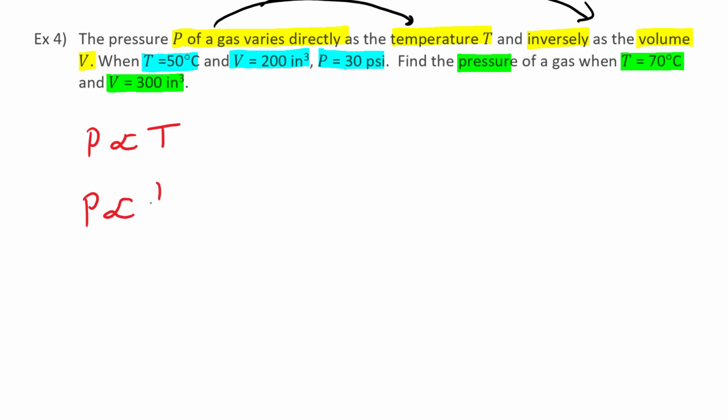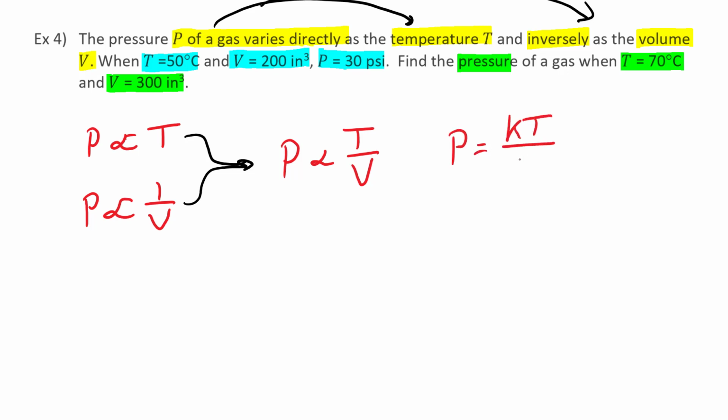Well, it is inversely proportional to volume. Again, we will combine these together to build one equation. Pressure is proportional to temperature over volume. We can then build an equation. Pressure is equal to K times T over V. And then what I can do is I can solve for K.